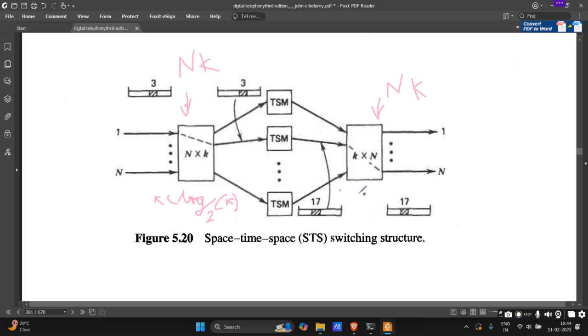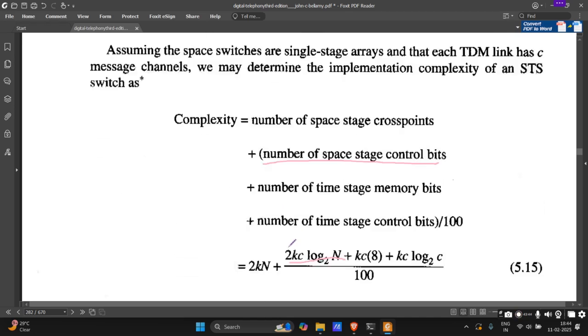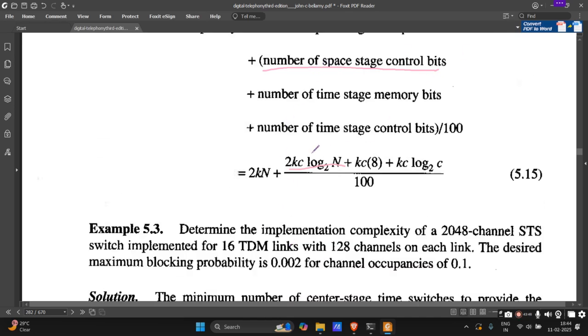So this one will also need kC log base 2 of k control memory. So both of them will need kC log base 2 of k. So 2kC log base 2 of k. So that is the number of space stage control bits.